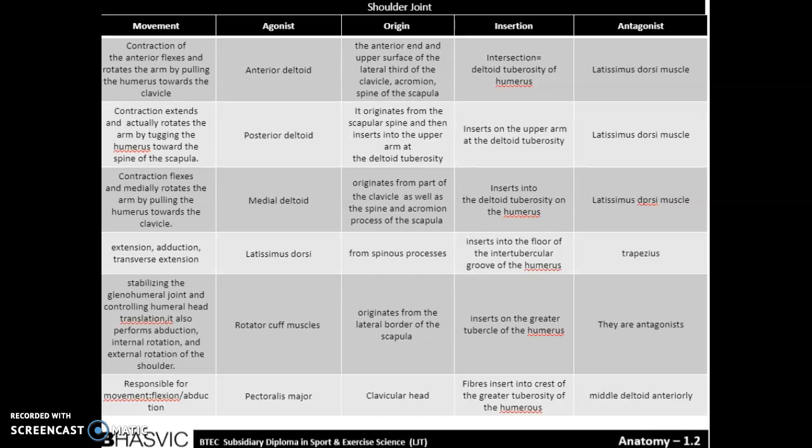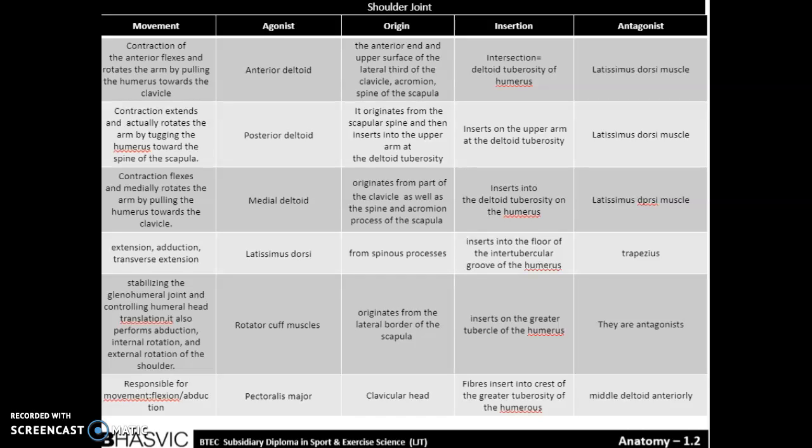Now going on to muscles around joints, I'll go through one in each of these tables, but feel free to pause and read. So for the medial deltoid, the origin originates from part of the clavicle as well as the spine and acromion process of the scapula.